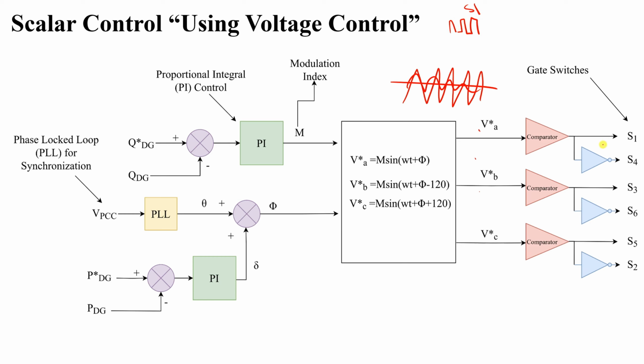By giving these switching signals to the switches, you will get the final output voltage, and then we use a small filter, or low pass filter, to eliminate the harmonics and get the sine wave. All of this that we did here is called scalar control or voltage control. We control the magnitude of the voltage and the phase in order to achieve our control objectives.